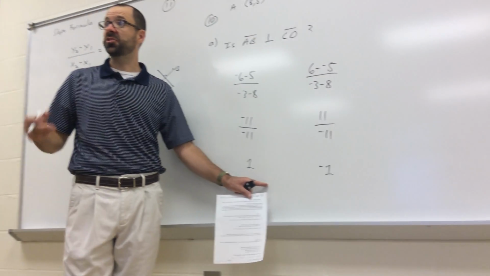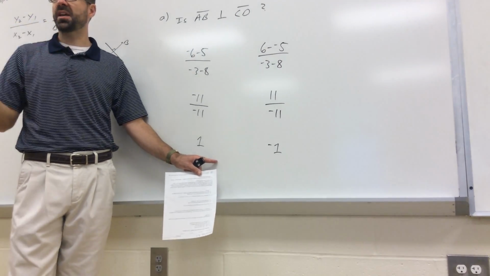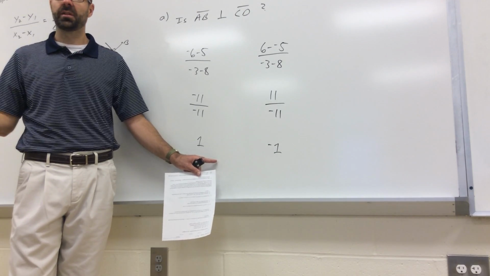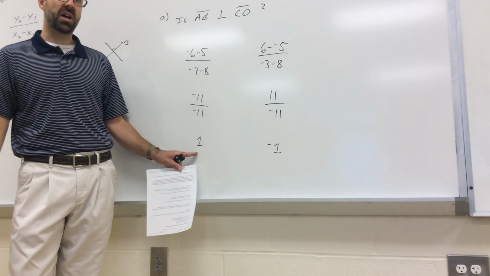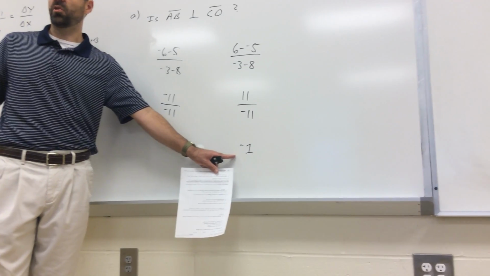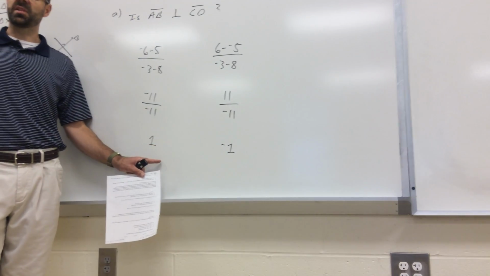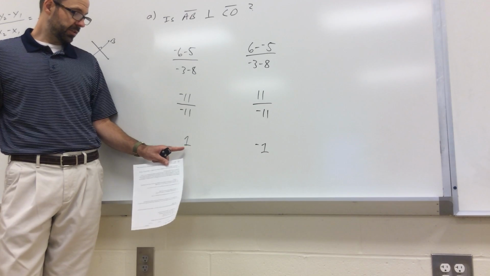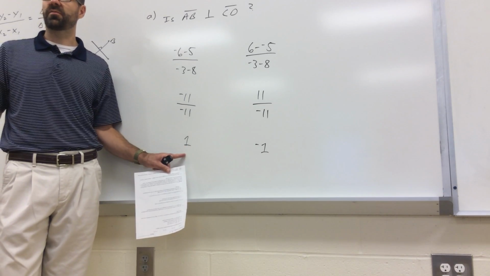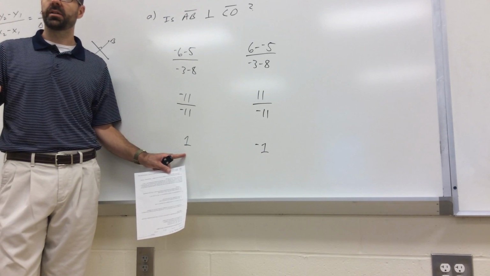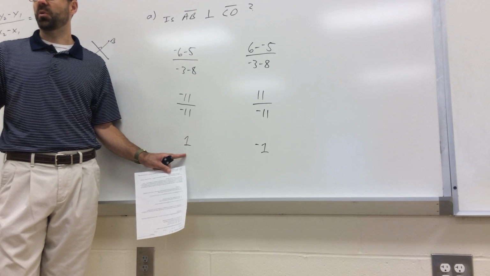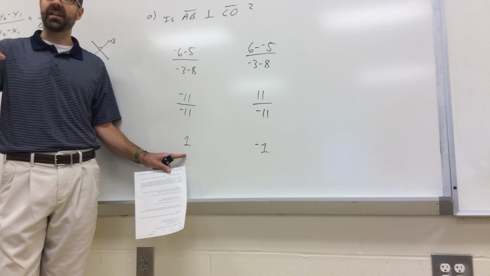Okay, so the question is, are they perpendicular? So two things have to happen. They have to be opposite, which they definitely are, because this one's +1 and this one's -1. And then they have to be the flip of each other. So if you had to force 1 to be a fraction, that would be 1 over 1, because 1 divided by 1 is 1. So the flip of that is still 1.